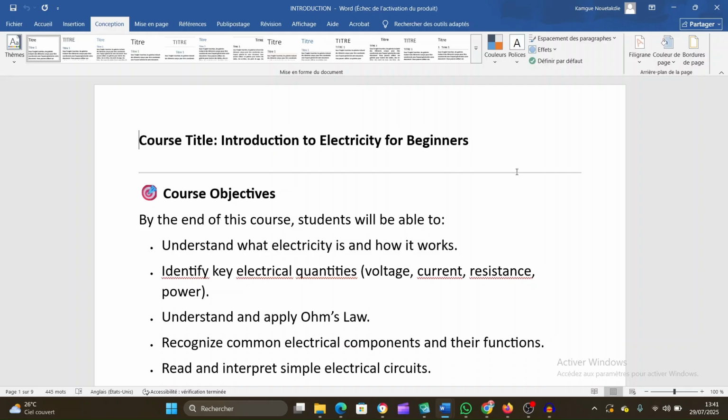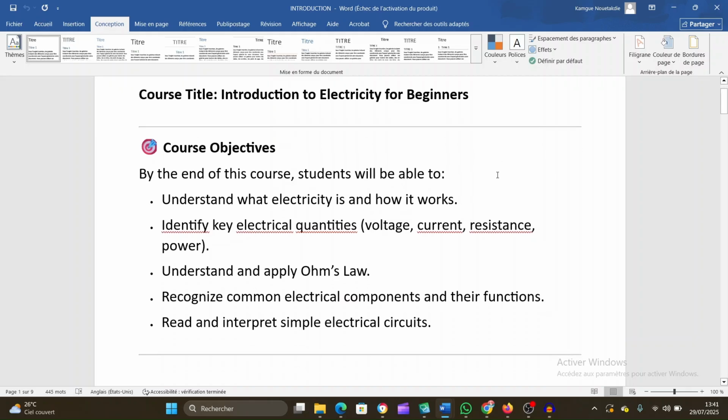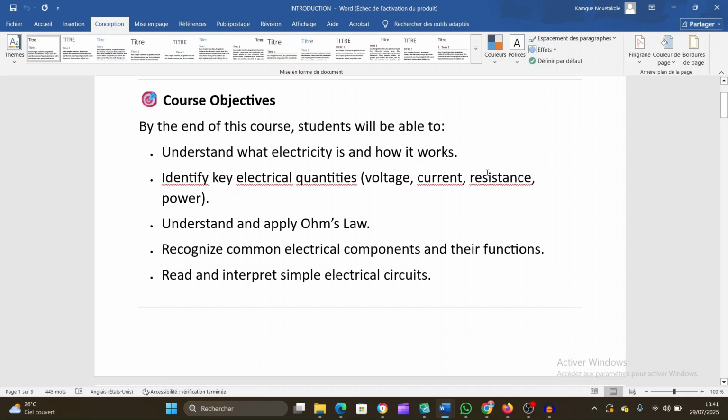When we talk of components, we have in mind, for example, switches, sockets, bulbs, breakers, and all their functions also.